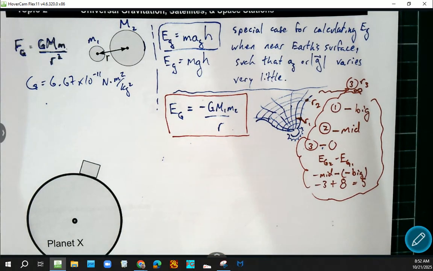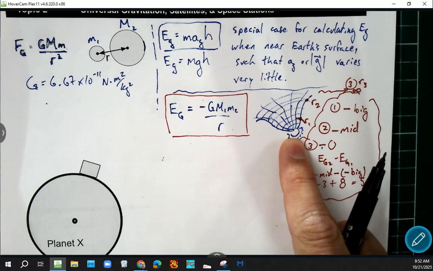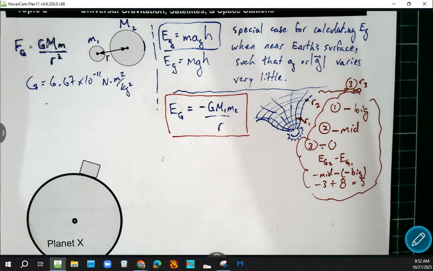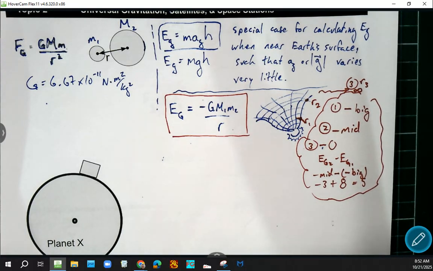Just like if I raised a roller coaster up to the top of the hill, I'd have to do positive work to get it to the top relative to the bottom of the hill. This is just like an astronomical roller coaster. Everybody cool with that? All right, so that's my hand-waving explanation for why the negative sign is okay.